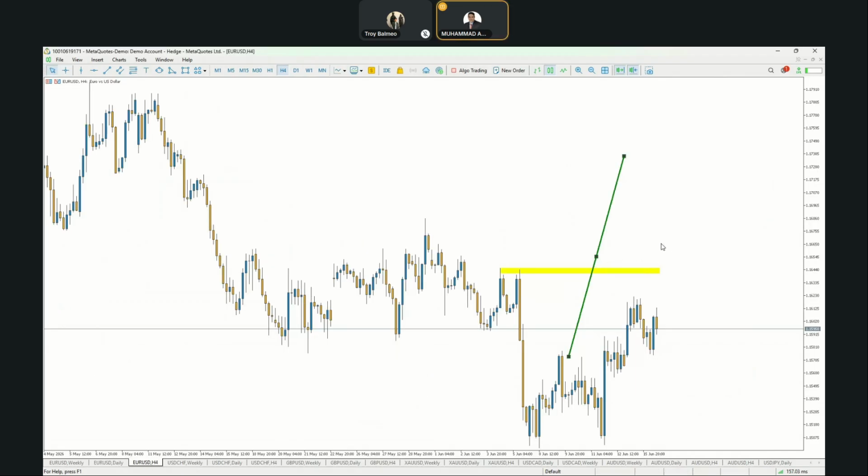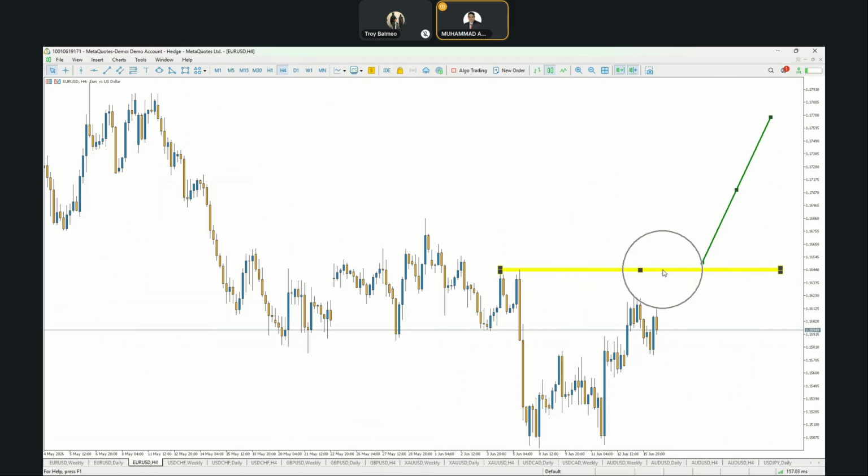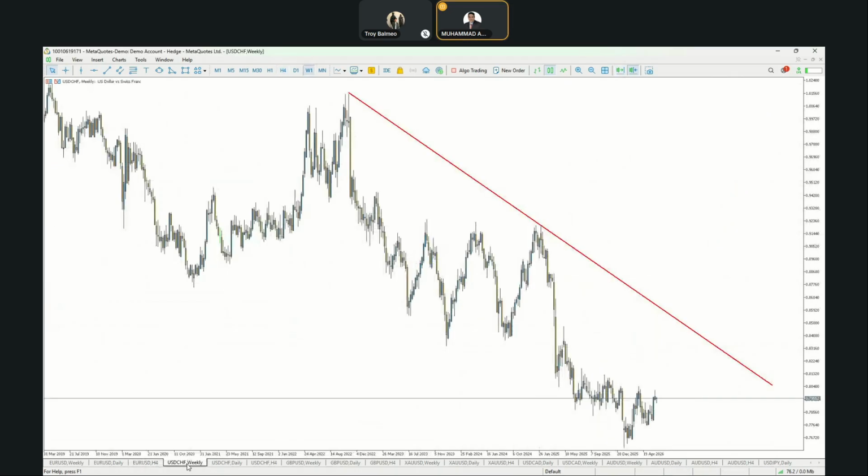So price action did try to go up a little bit, but this is the resistance area, this yellow highlighted area. That's the kind of zone. So euro USD is going to drop. That's the forecast. It is only going to turn bullish if price action manages to break above the 1.1645 resistance area.